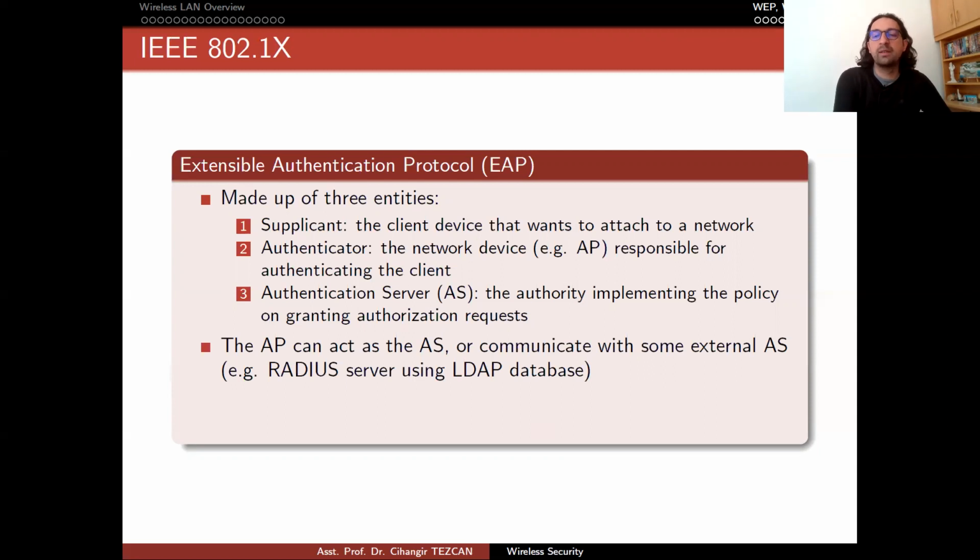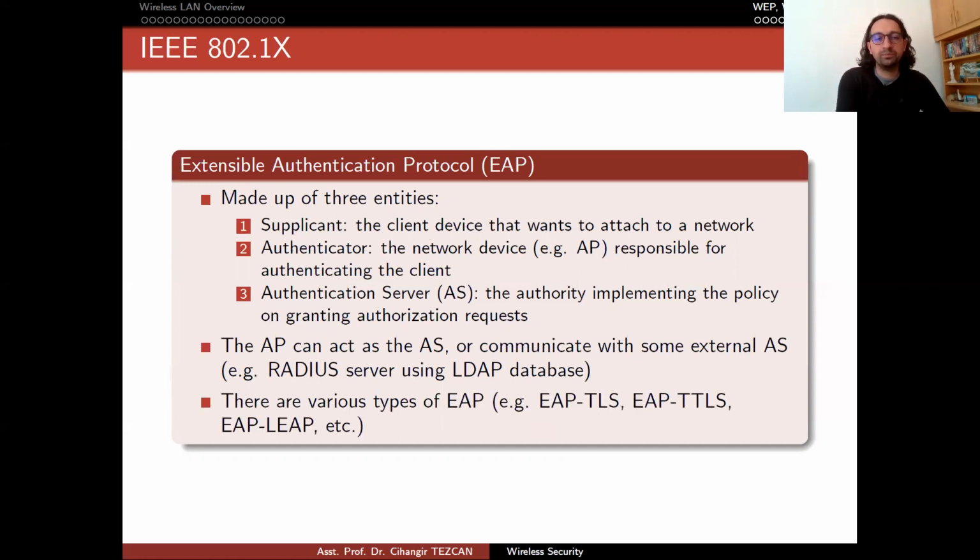So actually this is what happens in our university, and almost every university or big company uses this approach. So instead of using the access point for authentication, you have an authentication server, and most probably you are providing MAC addresses of your devices to this authentication server. So the authentication is performed through this operation.